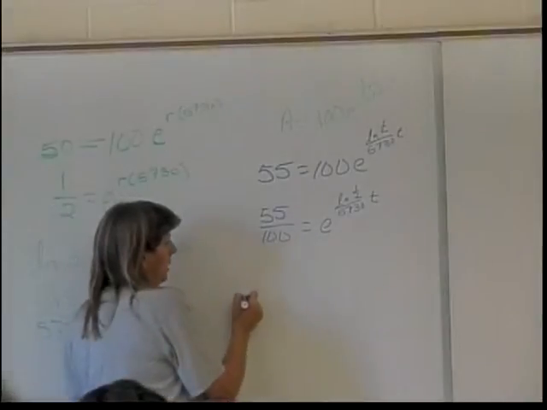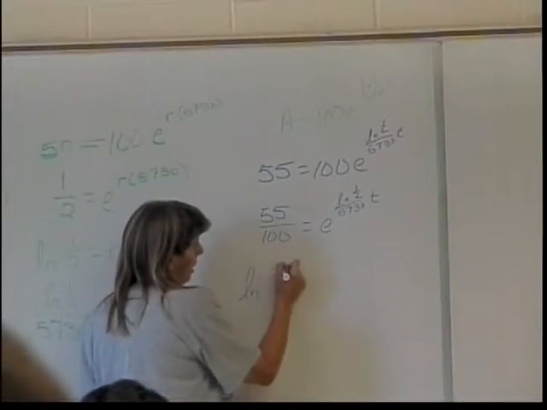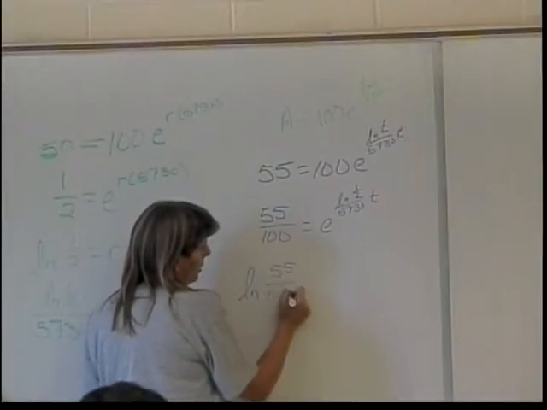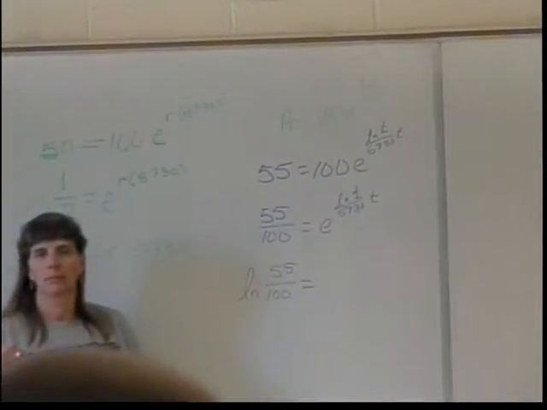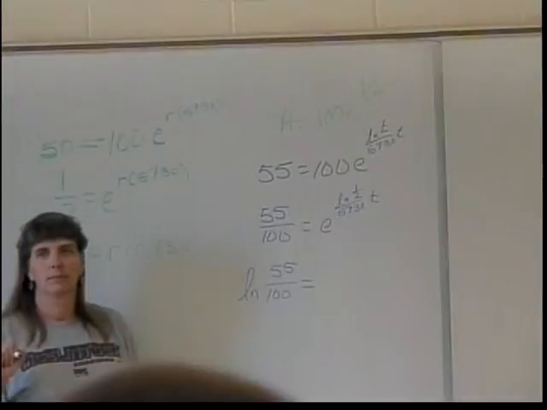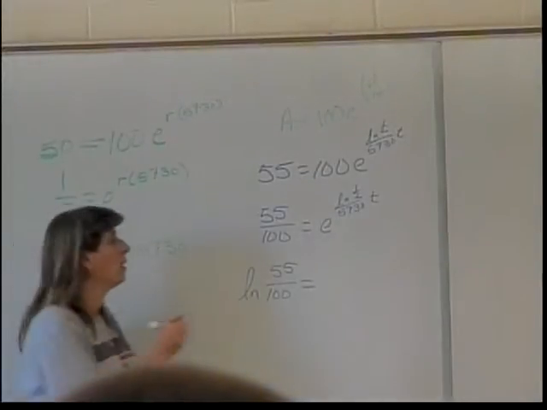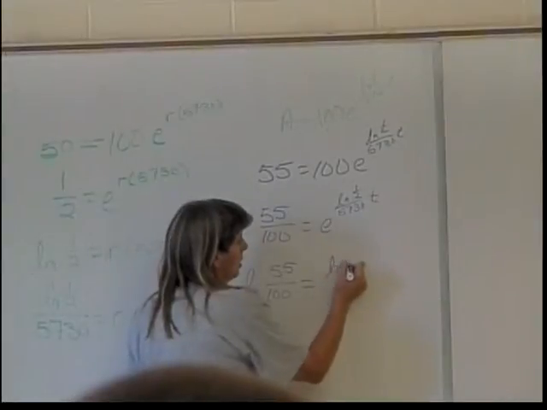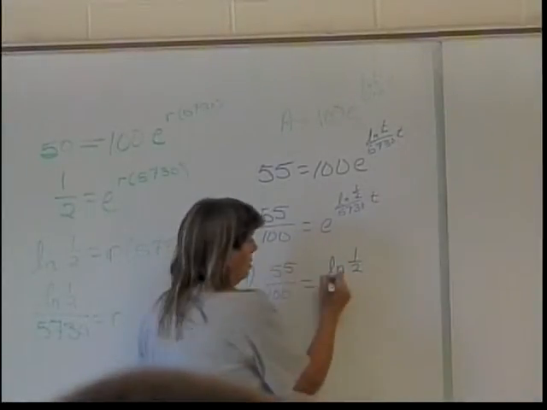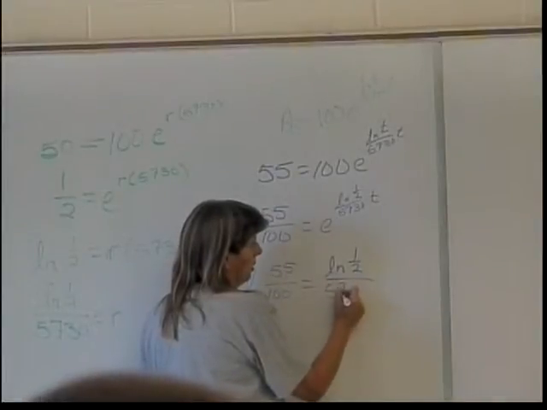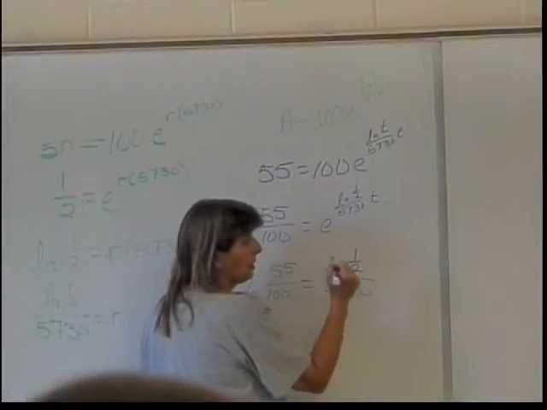The other form will be the natural log of 55 over 100 equals what? Natural log of 1/2 divided by 5,730 times t.